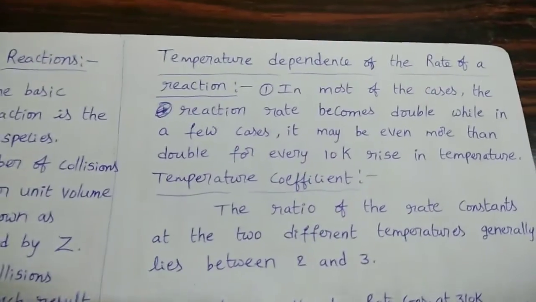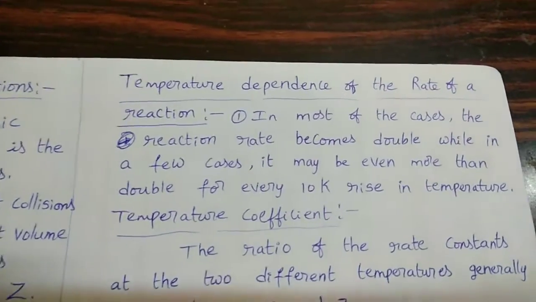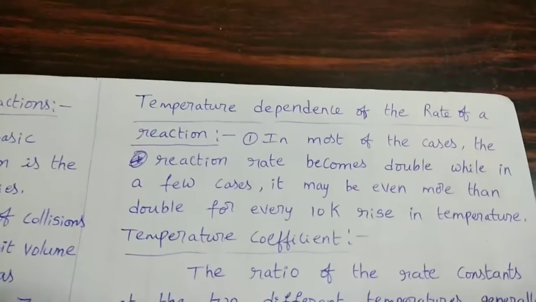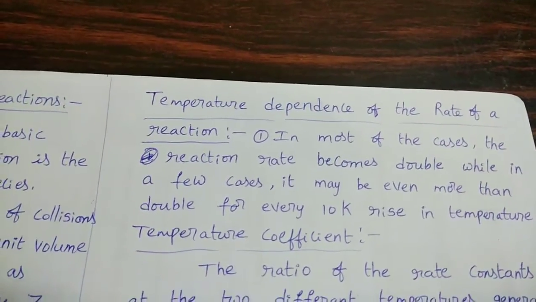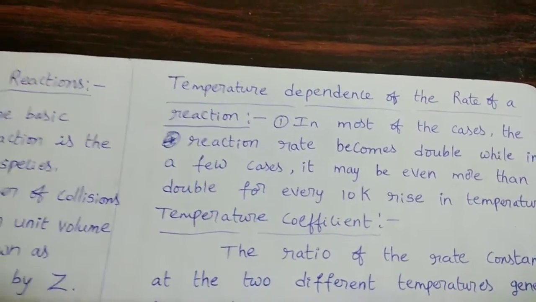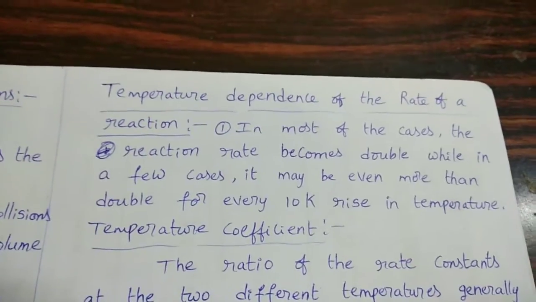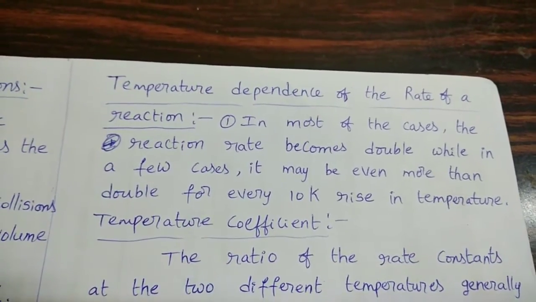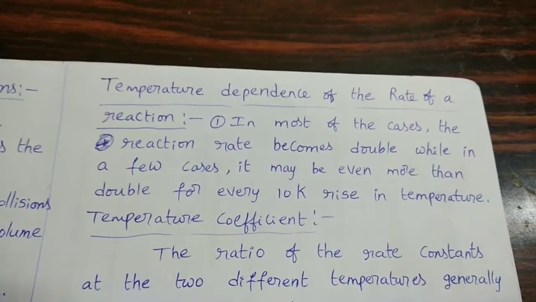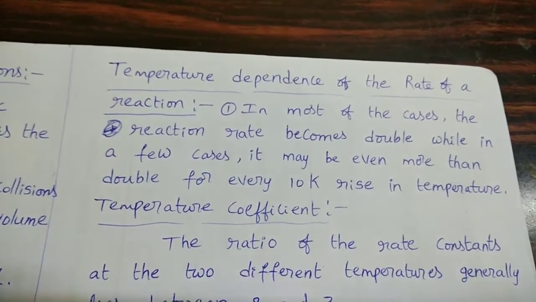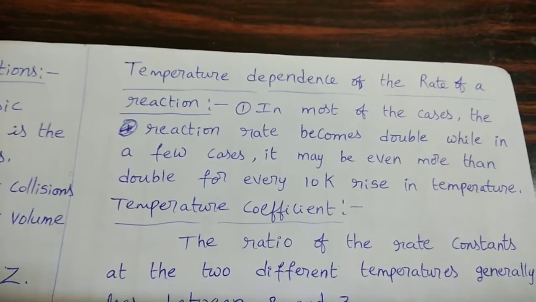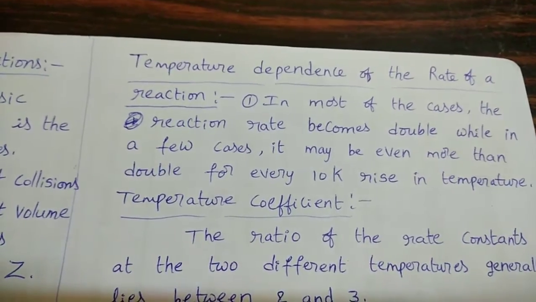Okay, next, temperature dependence of the rate of reaction. How rate of reaction depends on temperature. See, in most of the cases the reaction rate becomes double, while in a few cases it may be even more than double for every 10 Kelvin rise in temperature.